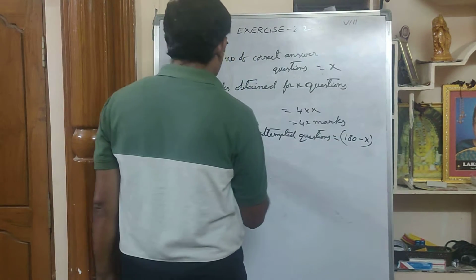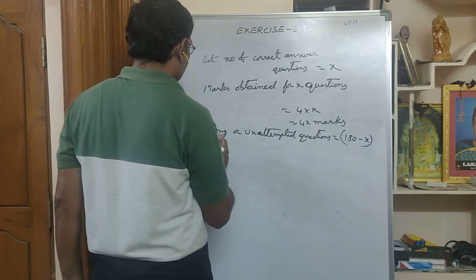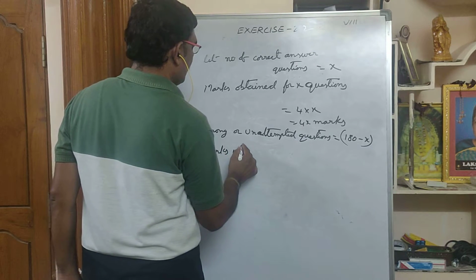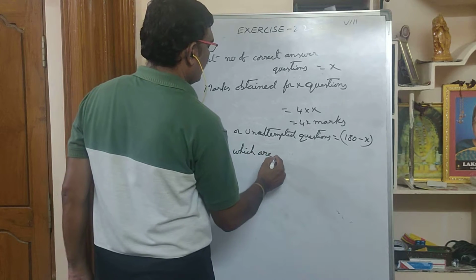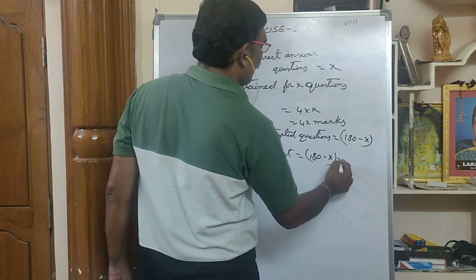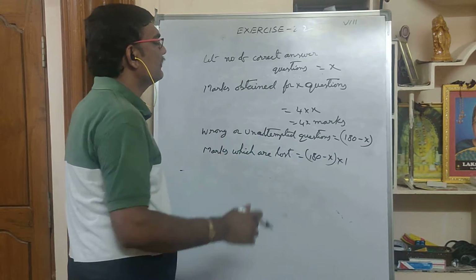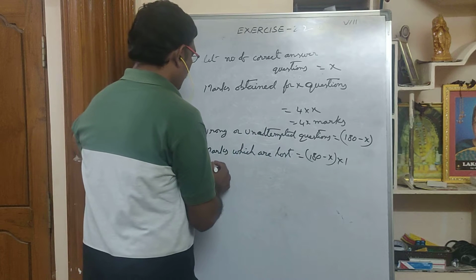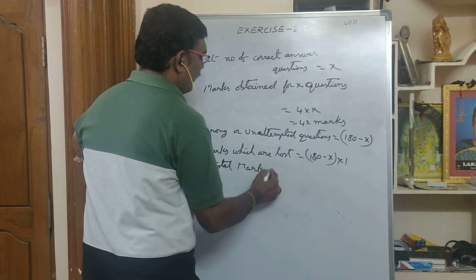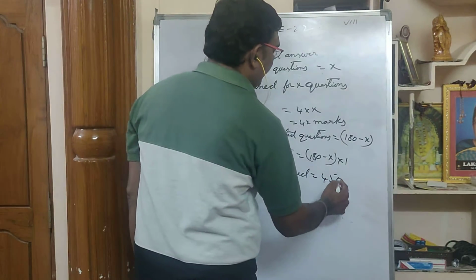So what you have to do is, how many marks will he lose for this? So marks which are lost is equal to (180 minus X) into 1, because for one wrong answer 1 mark will be deducted. So total marks obtained is equal to how much here? 450 marks he got.